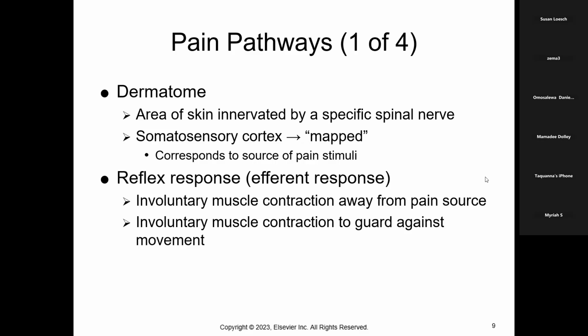So remember, I said if you grab something hot, the first thing that's going to happen is that afferent signal is going to go to your brain, and your brain's going to sense that you grabbed something hot, and then it's going to send this reflex response or this efferent response. Now, that's going to be an action. Okay. It's exiting the brain. Efferent means exit. So this reflex response is exiting the brain and going out to wherever that pain is. And it's going to cause a muscle contraction or a reflex, okay, to move your hand or your body away from that hot item.